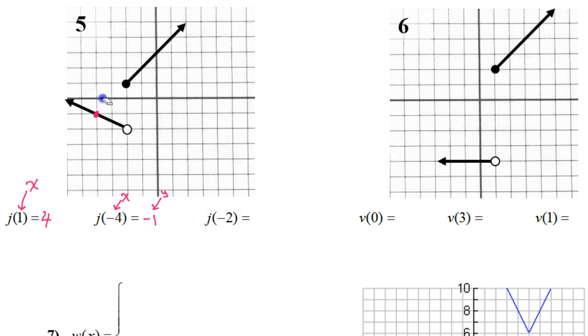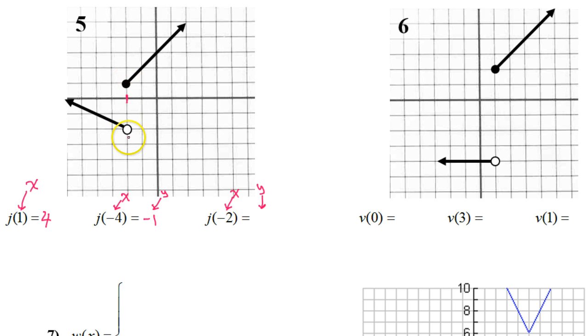Let's do that again. I'm going to go to an x value of -2. Wait, I meant to draw a tiny little x right there. All right, I'm going to go to the x value, and then I'm going to see what's the y value that goes with it. So here's an x value. Now I need the y value. Whoa! The function is above and below this.